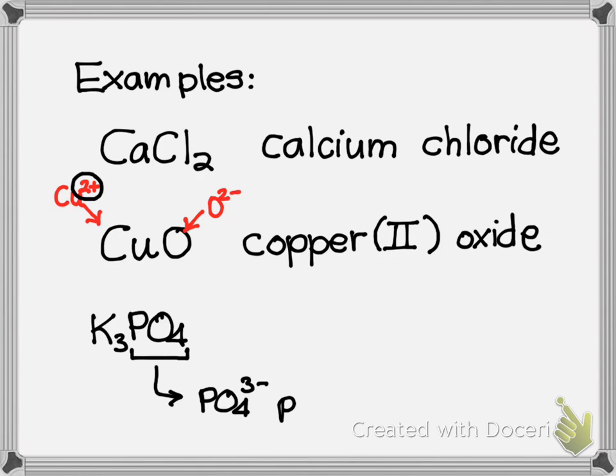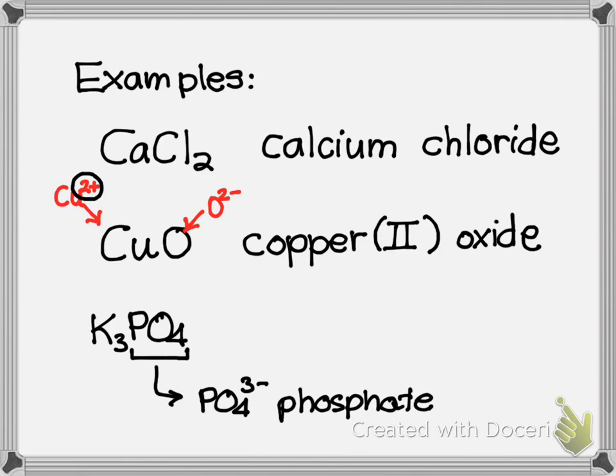But initially, if you don't recognize it, get a table of the polyatomic ions. And if you have a metal that is followed by a group of nonmetals, then you know you're dealing with a polyatomic ion. So we're going to name it the metal, potassium.